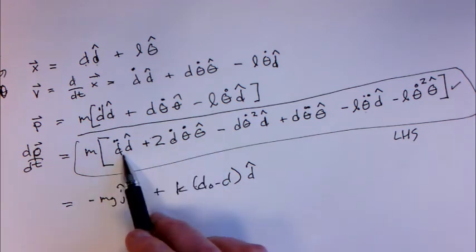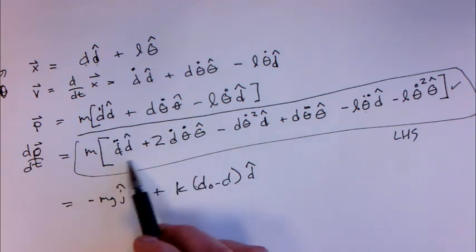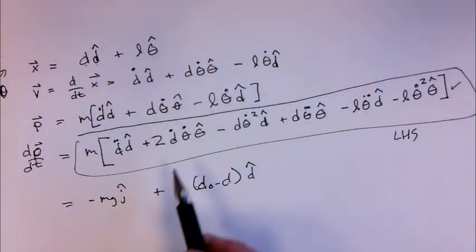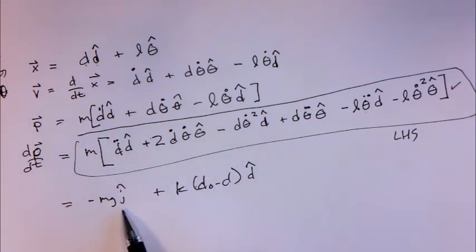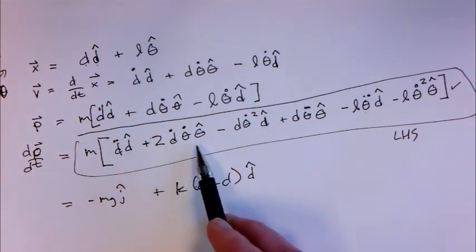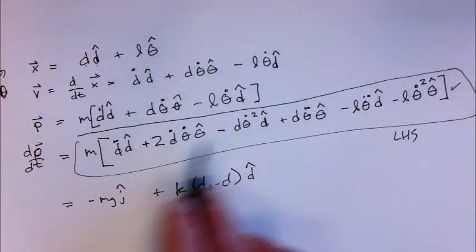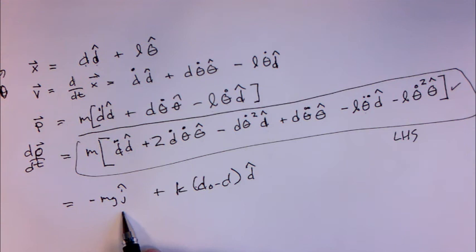Those two vectors are orthogonal, and so I can collect all the d hat terms and say the only way this can be true is if all the d hat stuff on the left equals all the d hat stuff on the right, and all the theta hat stuff on the left equals all the theta hat stuff on the right. On the other hand, on the right-hand side, I have two non-orthogonal vectors. I need to either work in i hat and j hat on both sides, or in d hat and theta hat on both sides. I'm going to choose d hat and theta hat because I've got so many d hats and theta hats, and just this one annoying j hat running around.